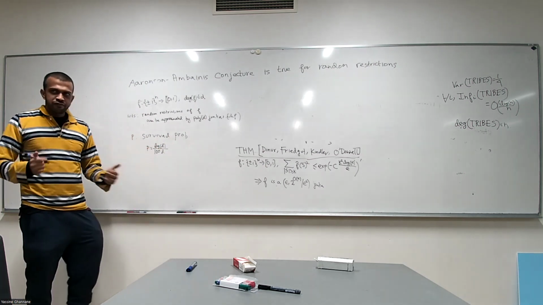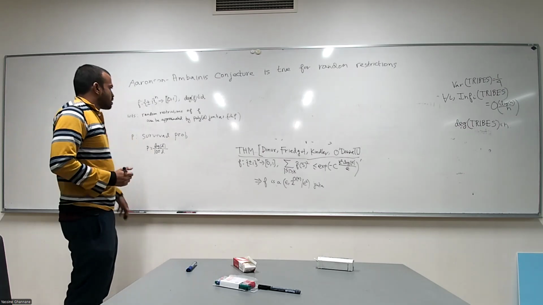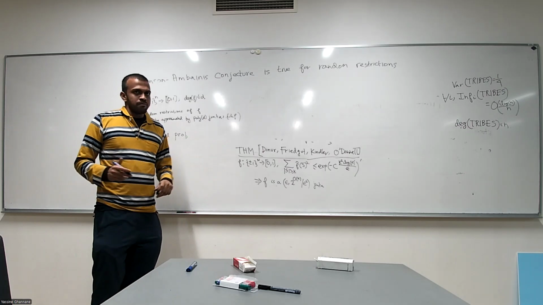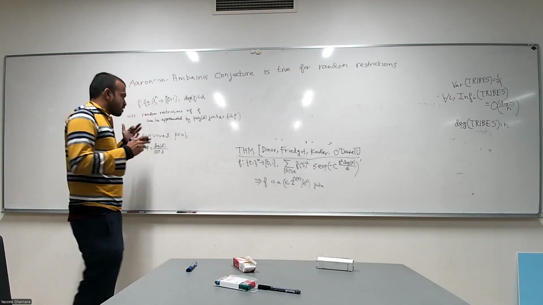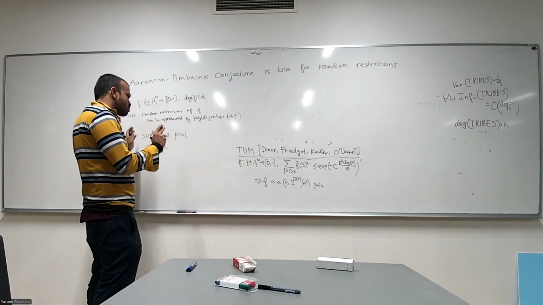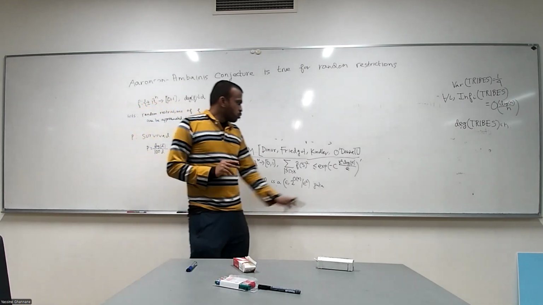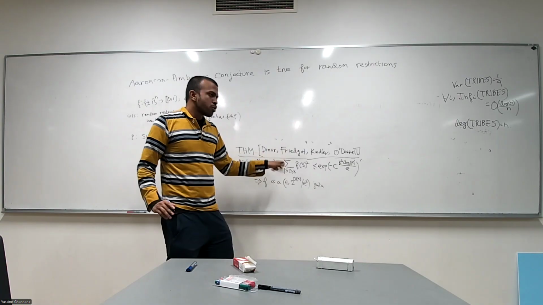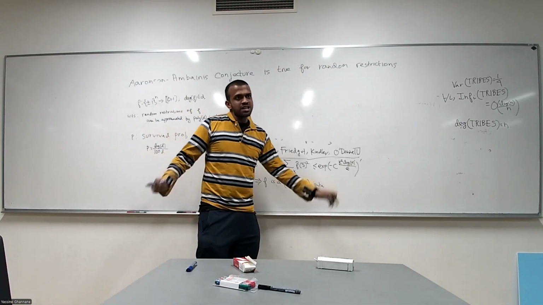If we hit f with a random restriction, the expected Fourier mass above level log t will be small. And what we are hoping is that the expected Fourier mass above level log t being small implies we can apply this theorem.